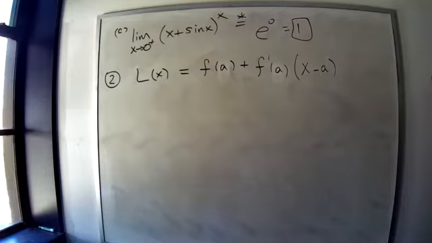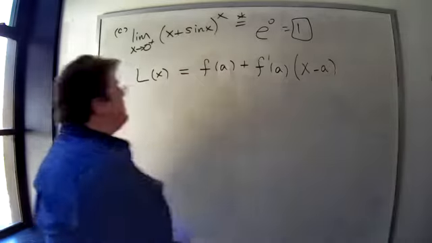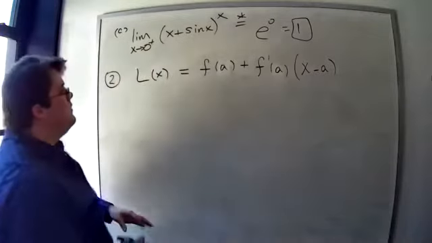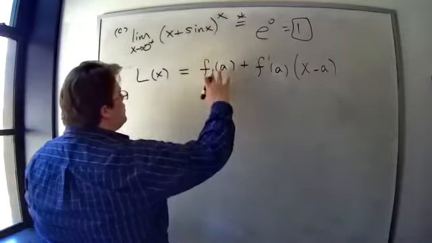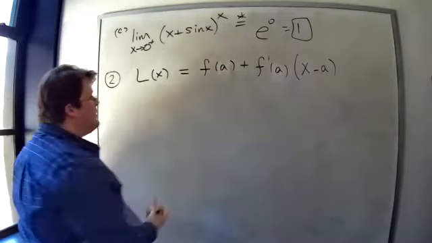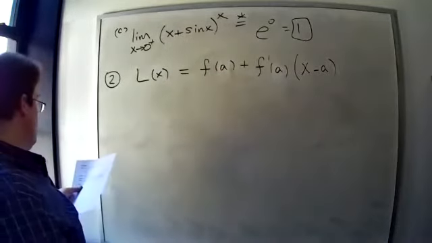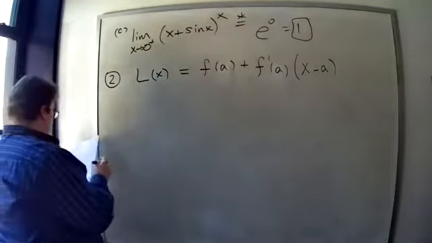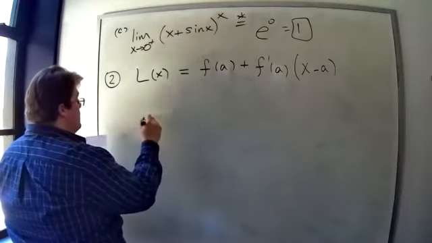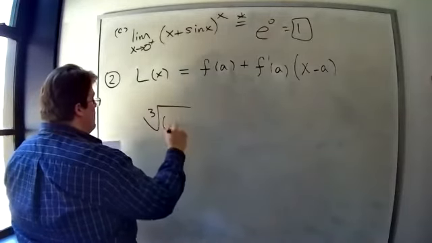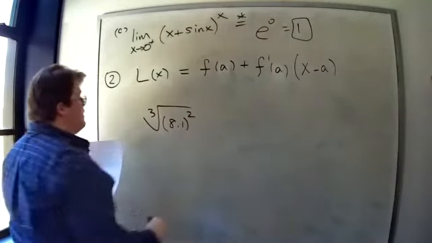So we have this rearrangement of an equation for a tangent line. And we can use this to approximate a value we don't know using a function evaluated at a value we do know. So here for number 2, we're trying to approximate the cube root of 8.1 squared.